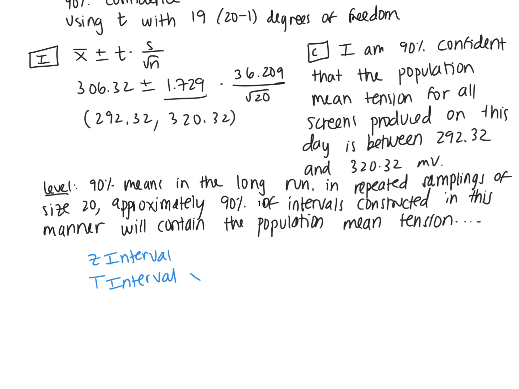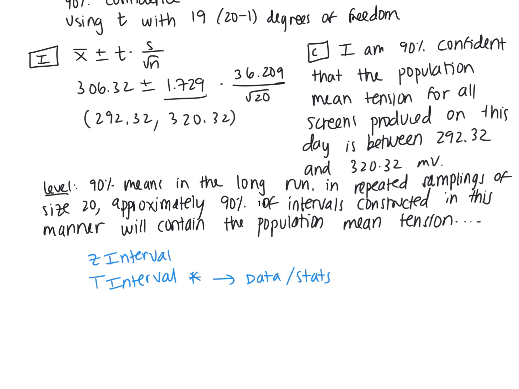So click on T interval, and then you're actually going to notice you have 2 different options. Data versus stats. Data means you have the raw data in the calculator. Stats means you have the summary data. So click stats real quick, and you'll see you'd have to enter x bar and s and n, and so forth.